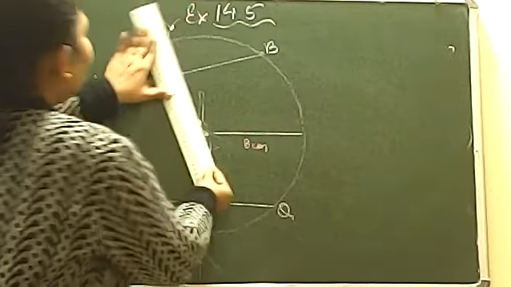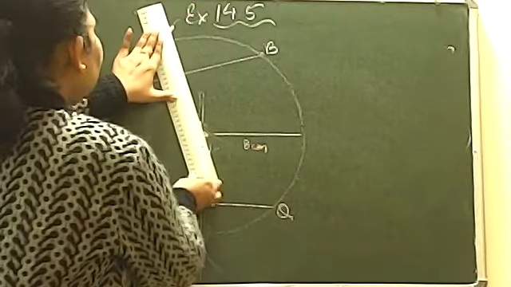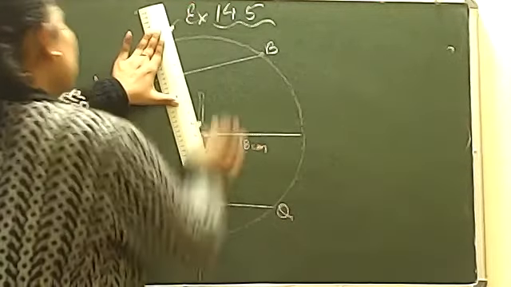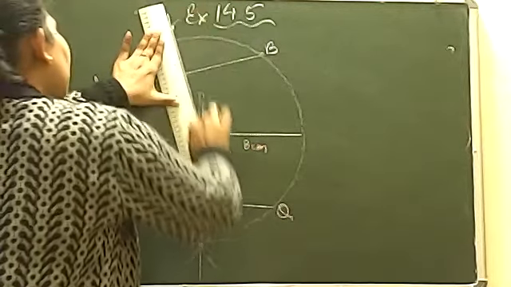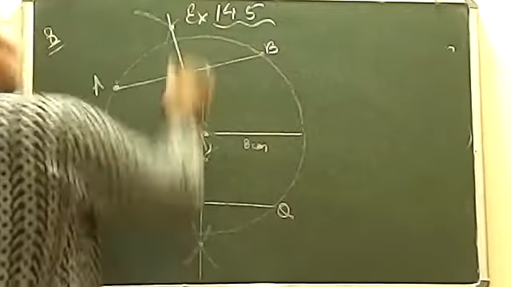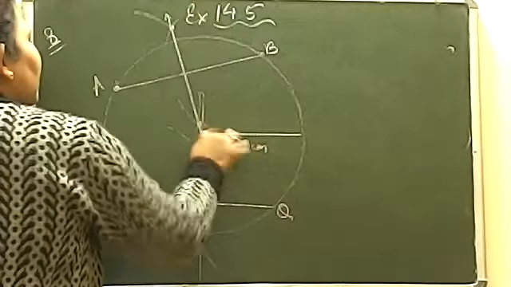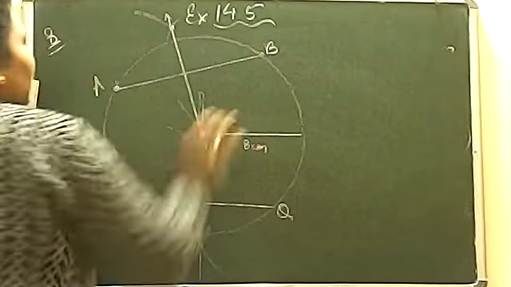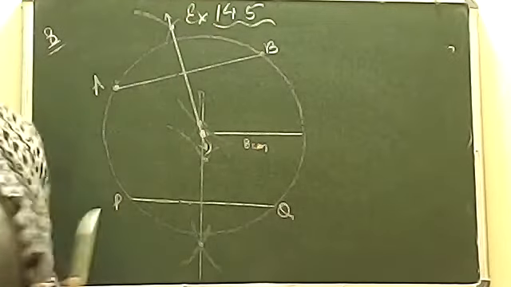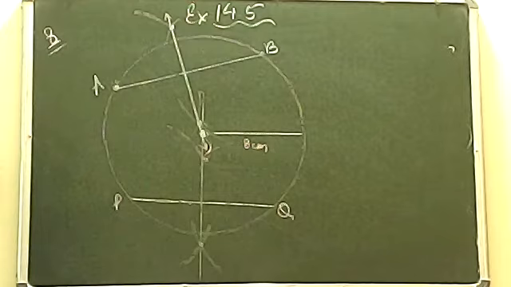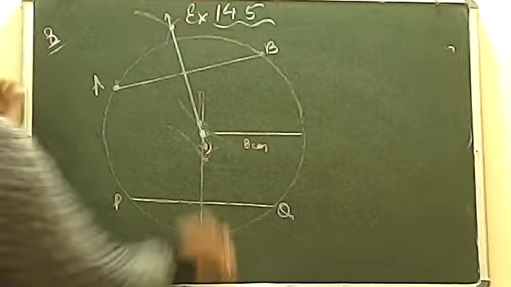And now you have to take the compass, take the ruler and join the perpendicular bisector line. Now you can see beta that both the bisectors are passing through the center. Both the bisectors are coming through the center.